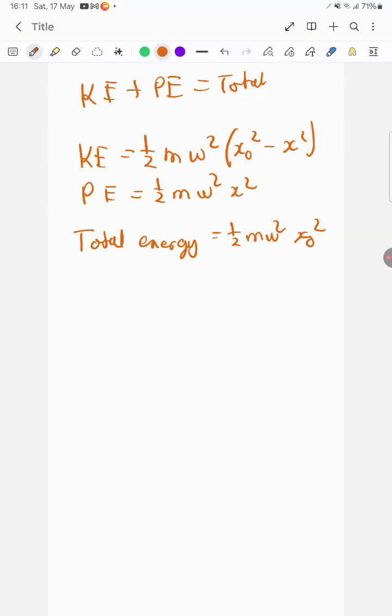So do I have to memorize these formulas now? To some extent, you probably should learn them. There are only three. And for the potential energy, half m omega squared x squared.